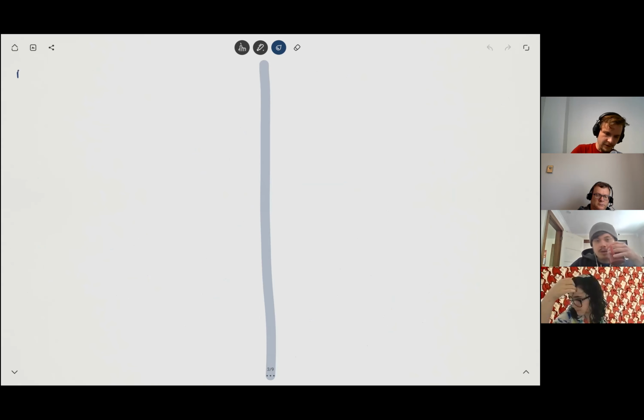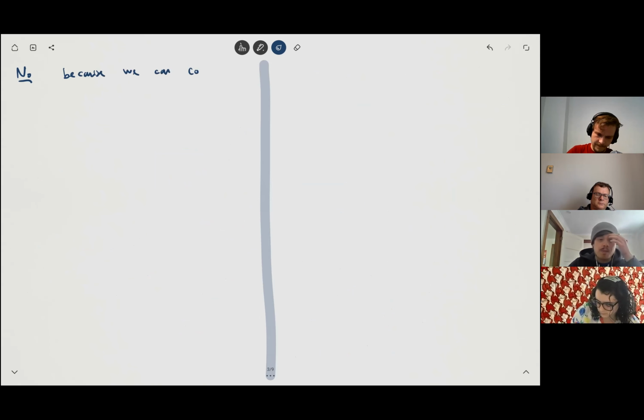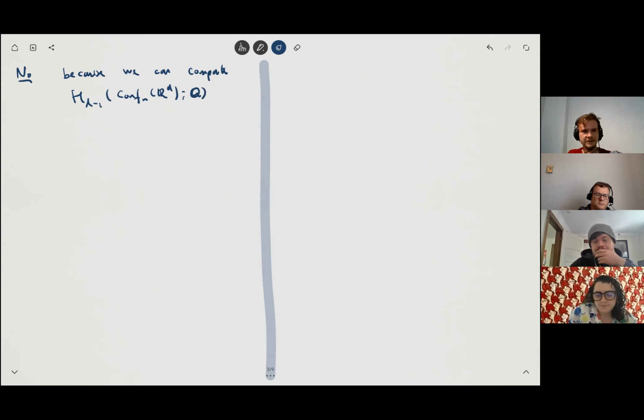And the answer is no. Because we can compute explicitly what the, let's say, rational homology of the nth configuration space of R^d is in the lowest degree in which it can be non-zero, except, I guess, degree 0.